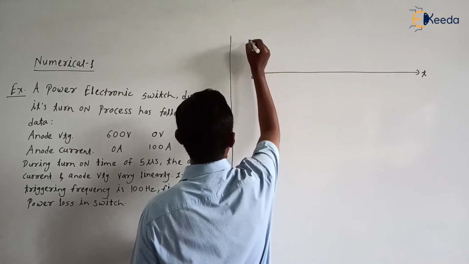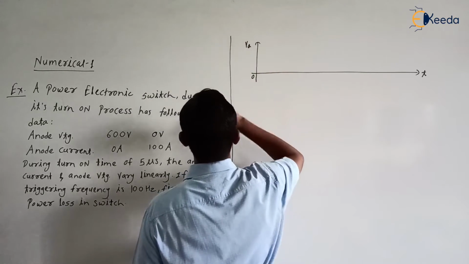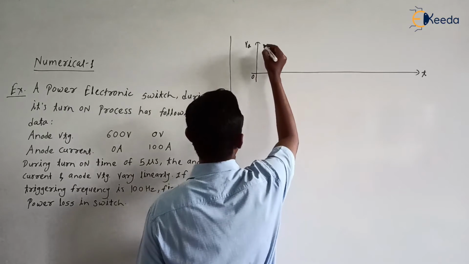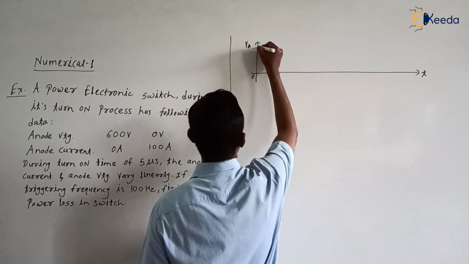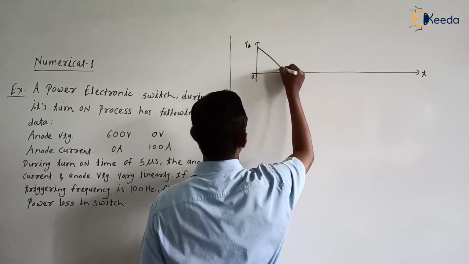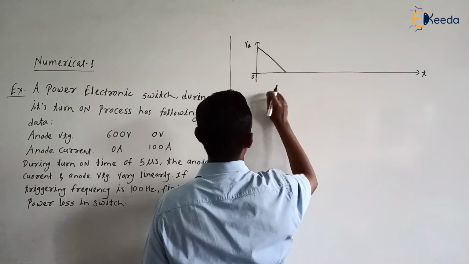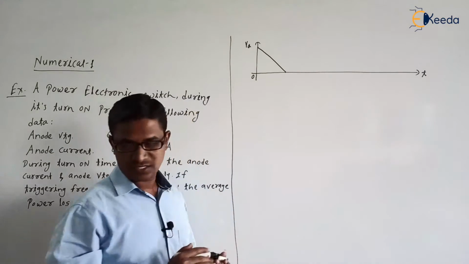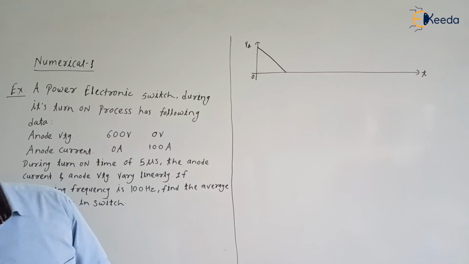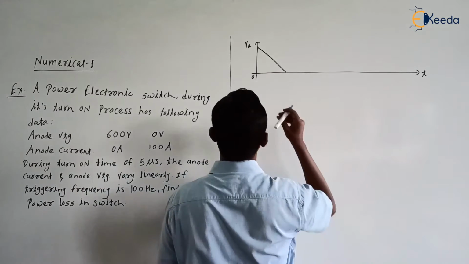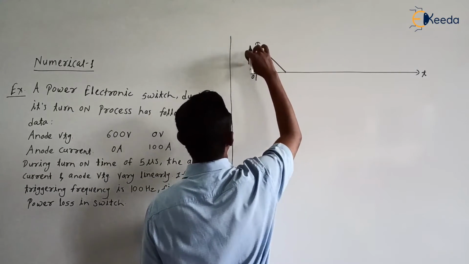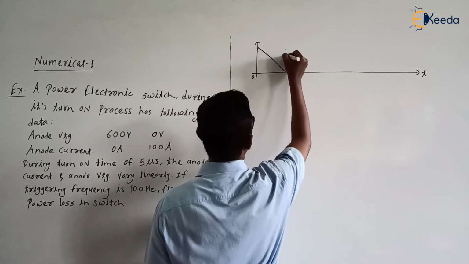Let us first draw for the VA. VA is changing from 600 volt to 0 volt. Suppose this is 600 and here it is 0, right? Next, IA is changing from 0 to 100 ampere.